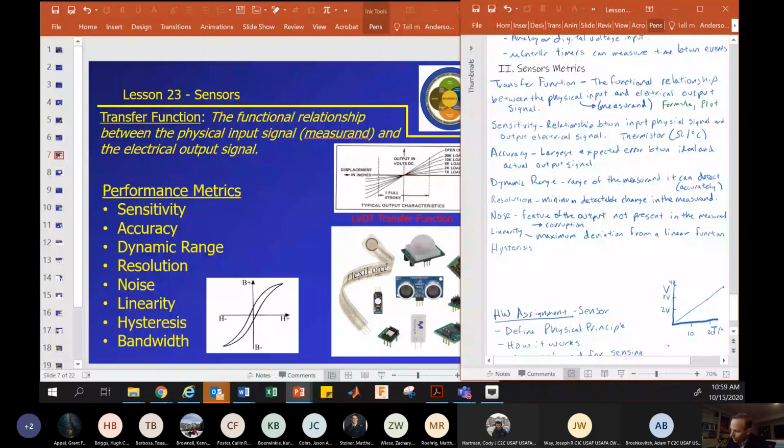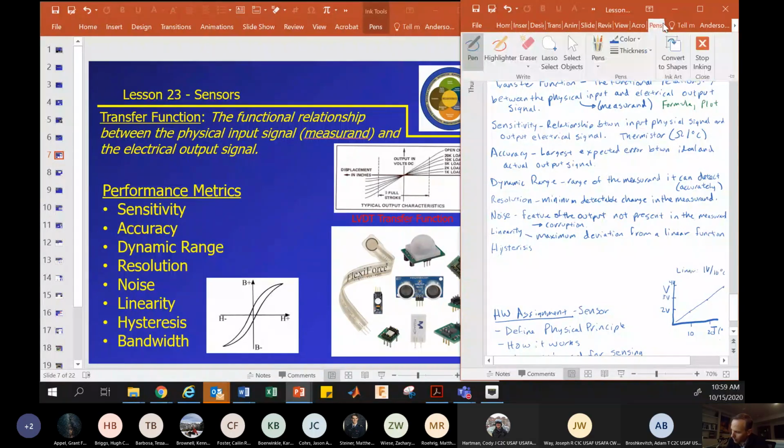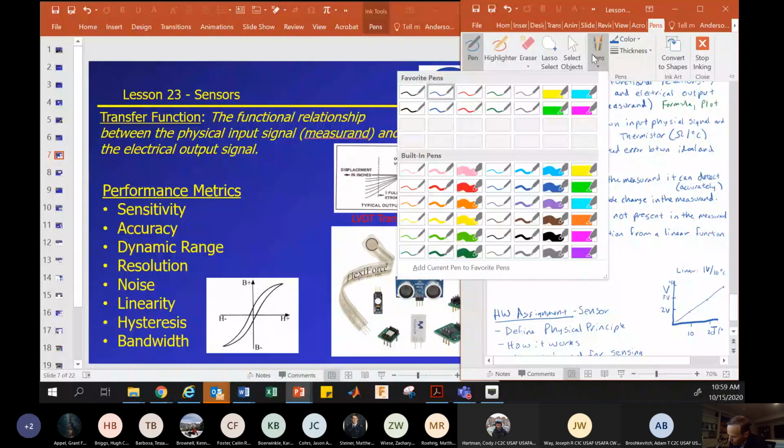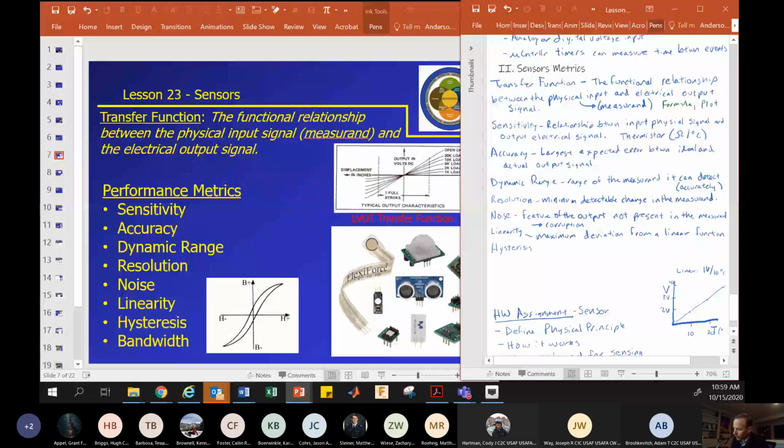Well, in reality, in real life, you're probably going to have something that's more like, maybe it's like this. And so when you record a 1 volt change, maybe the delta T is only like 3 degrees here. But then when you're in this region of the plot, a 1 volt change is much greater.